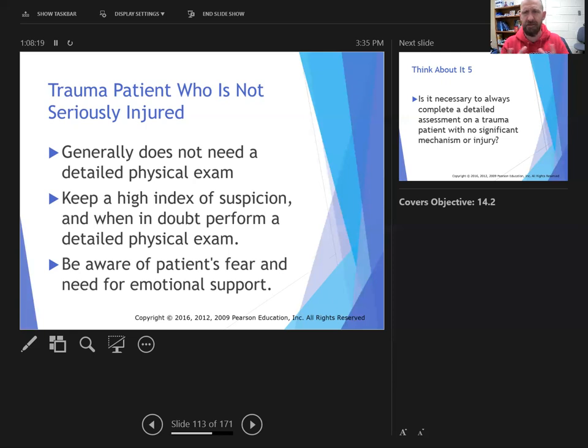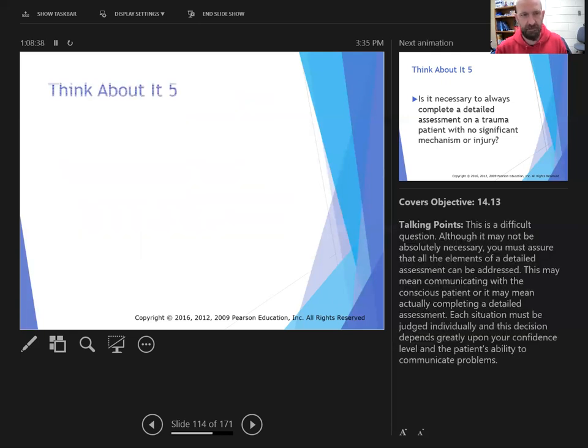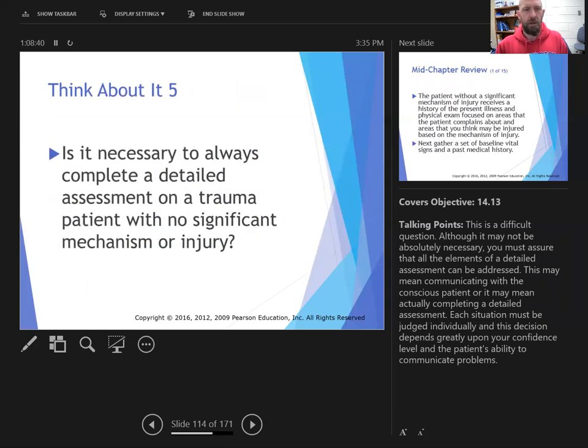They're not an object. They're not a product that we're working with. It's an actual person. So not only are we there to diagnose injuries and fix life threats, we can provide a lot of support just by talking to them like a human being. So be aware of that.